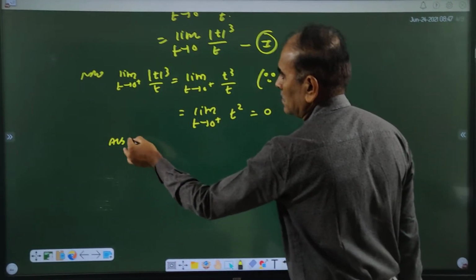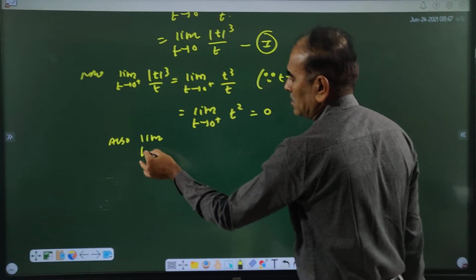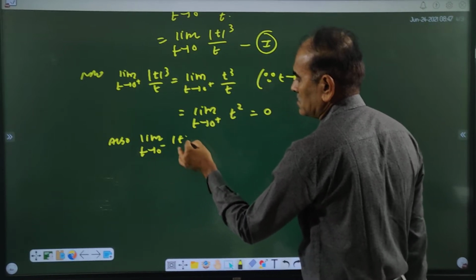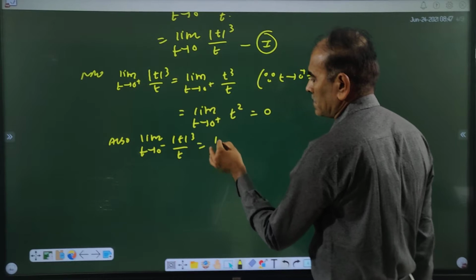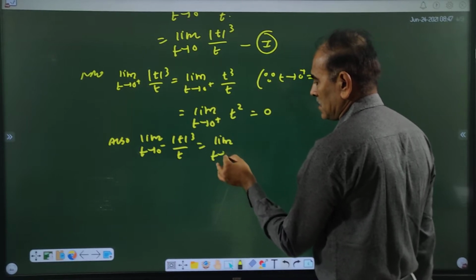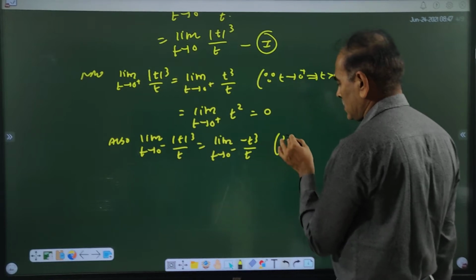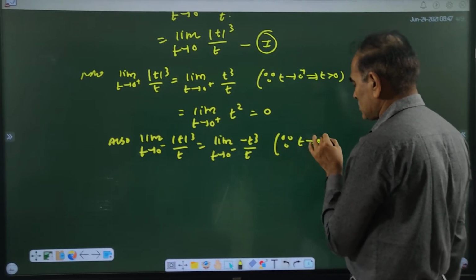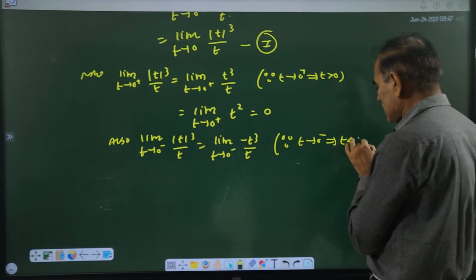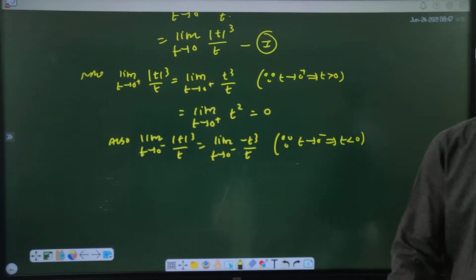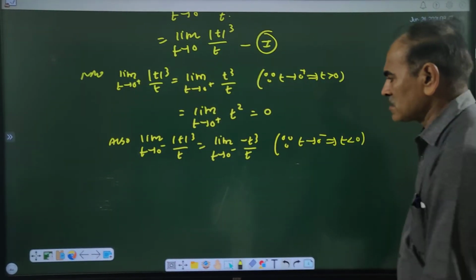Also, limit t tends to 0 minus mod t cube upon t is equal to limit t tends to 0 minus minus t cube upon t. Why? Because t tends to 0 minus implies t less than 0, and if x less than 0, then f of x is equal to minus x cube.